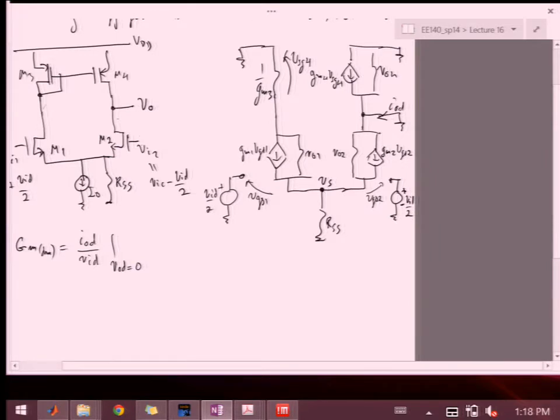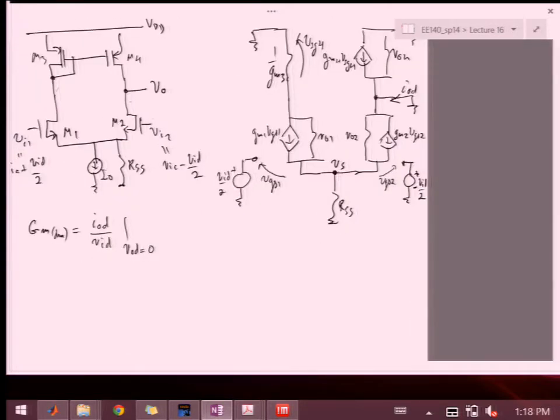So I can play the same trick that we did last time and just say, well, assume Vs equals 0, right? So if Vs equals 0, then I'll have perfect balance here. So my VGS1 is minus VGS2 equals VID over 2.